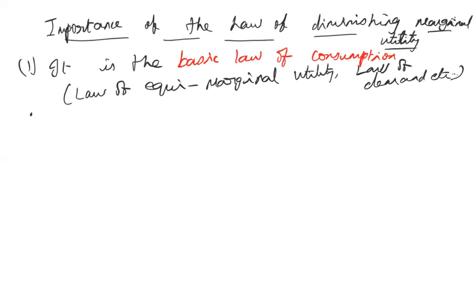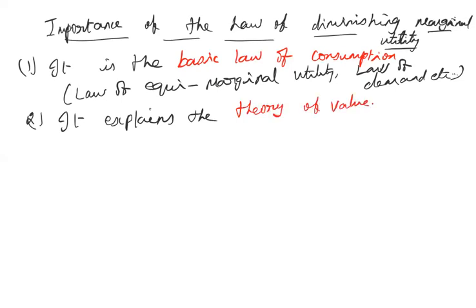Then the second importance is, this law explains what is called the theory of value. So the theory of value is nothing but, what is value? Value of a commodity is expressed in terms of money.